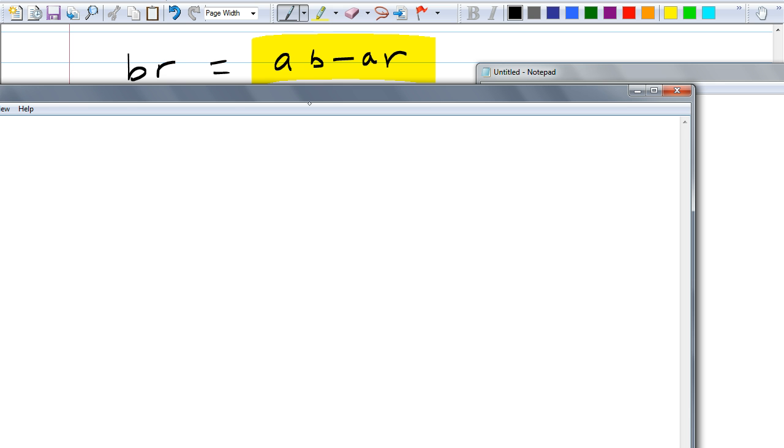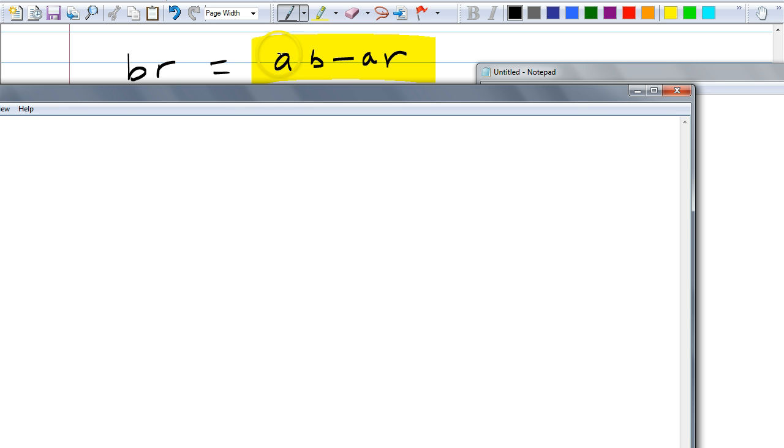All right. Ethan, what do you think? Aiden. Me? Yeah. Well, I divided both sides by B. If you divide both sides by B, you don't get A by itself, do you? So I was going to do B and then R. Right. If you divide both sides by B and then R, you still don't get A by itself. We want to solve for A, remember?